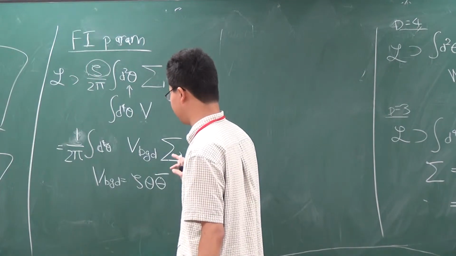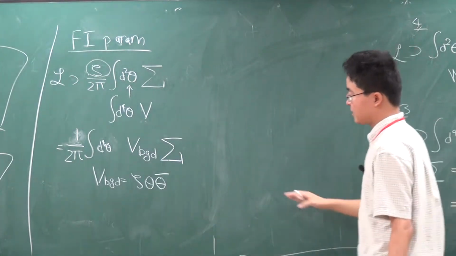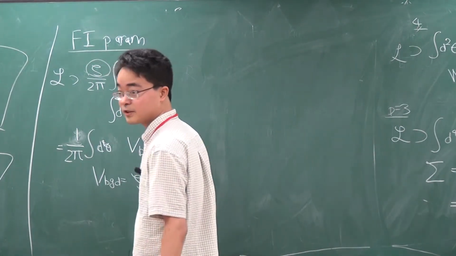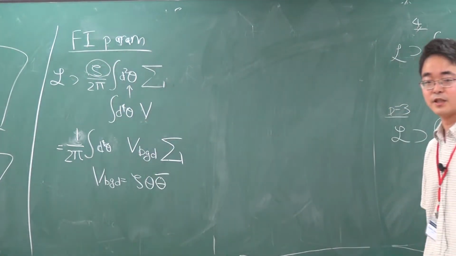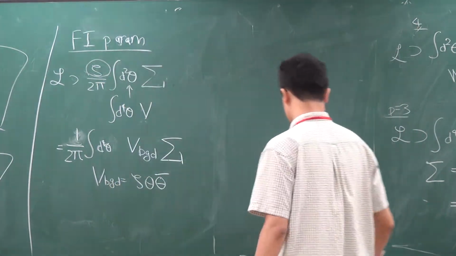And the reason I wrote this in a fancy way is that this combination is actually the same for the supersymmetrization of the Chern-Simons term. This is also another term which is specific to 3 dimensions, but not 4 dimensions.